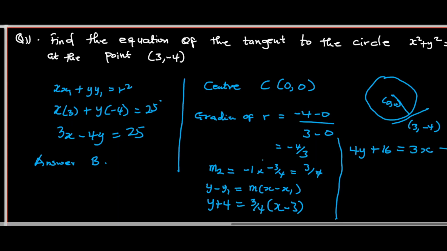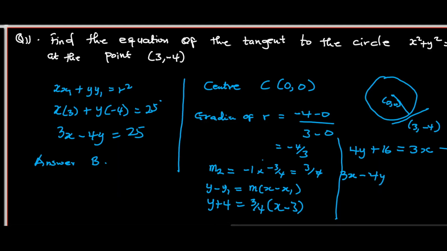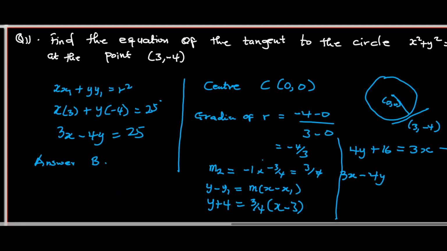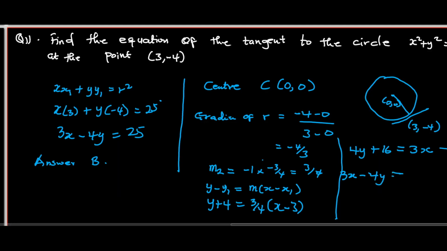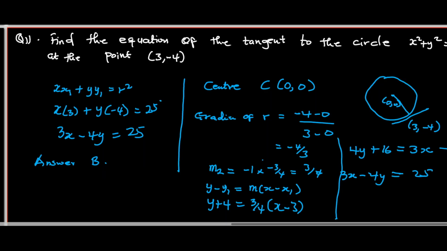Then we want to write it in the form that was written in the question, so we maintain 3x, then we bring the 4y, so we have minus 4y, and then we have 25. So this is what we have as our answer. So you see that it's the same thing, it doesn't change.